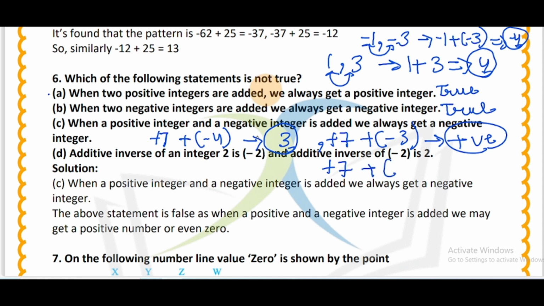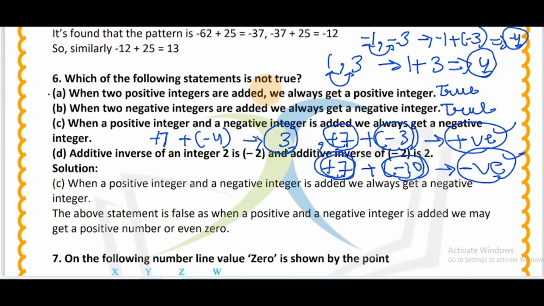Let's see how, if we add a positive 7 with minus 10, then we get a negative integer. It means when a positive integer is added with a negative integer, we may get a positive or maybe a negative integer.